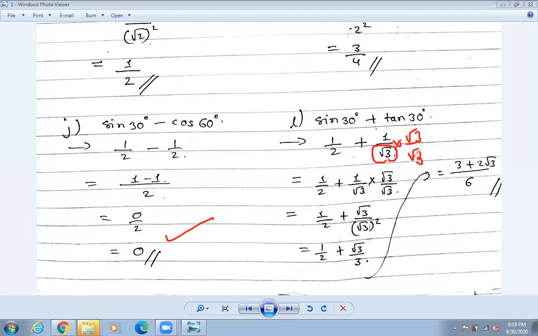If there is √2, multiply with √2; if it is √5, multiply with √5. Here, 1/2 plus 1/√3, since there is √3, multiply with √3, because we are going to remove this square root. √3 into √3 is √3 square, so square and square root cancel, and 3 remains. So √3/3 remains, and here 1/2 remains.